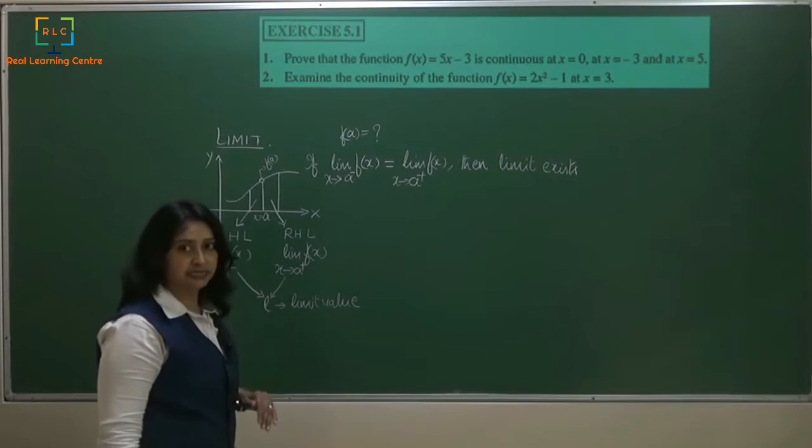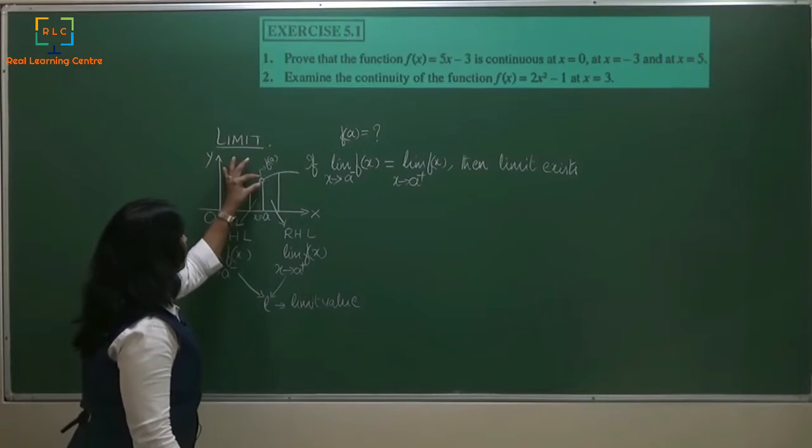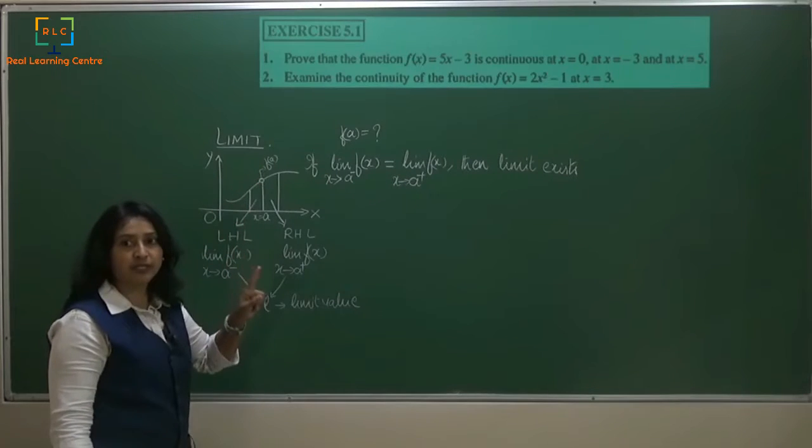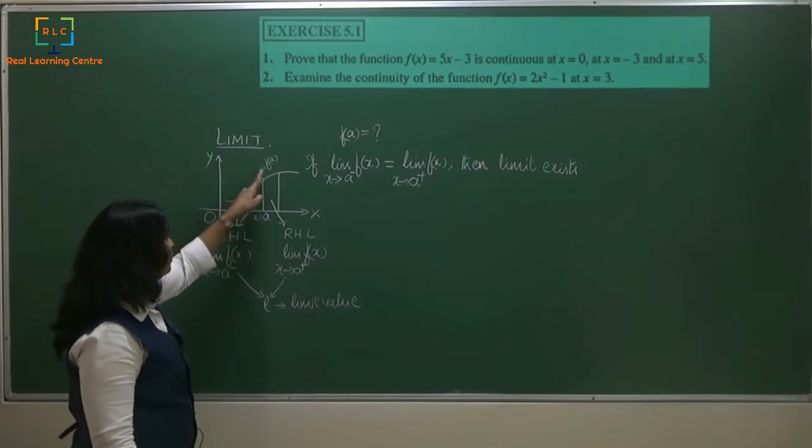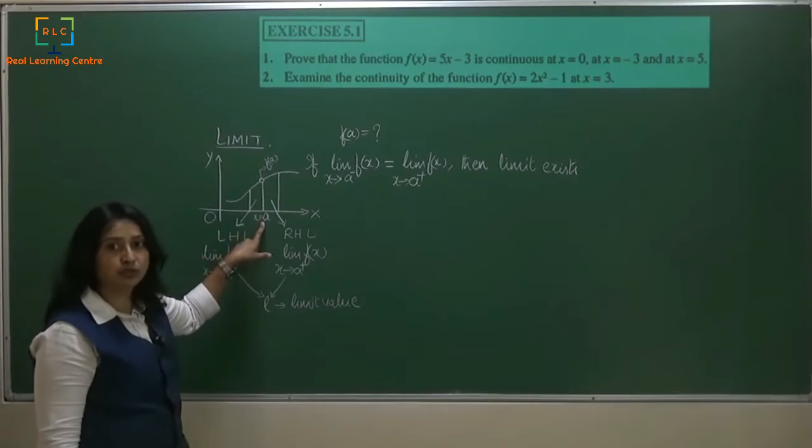If the limit is existing, I will get to know the value. What should have been the value at this particular point f of a? What would be the value of f of a when I put x is equal to a?